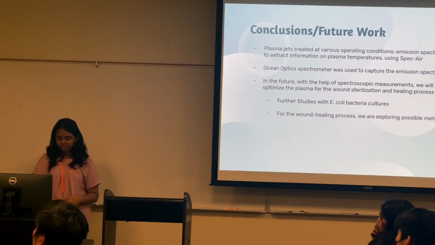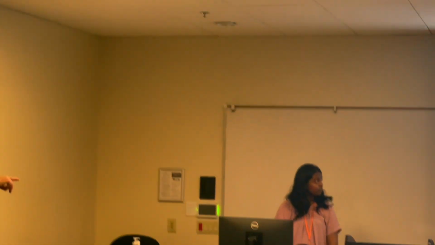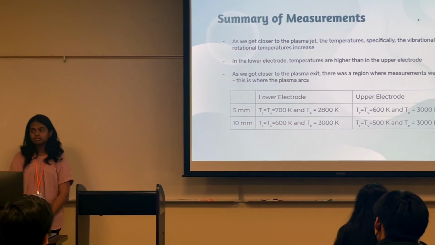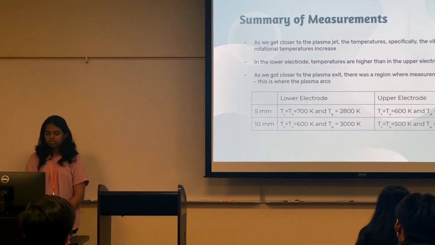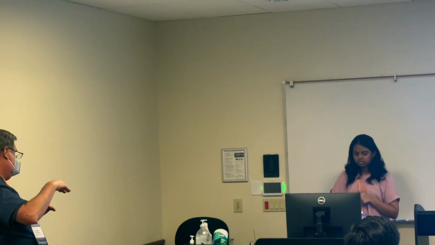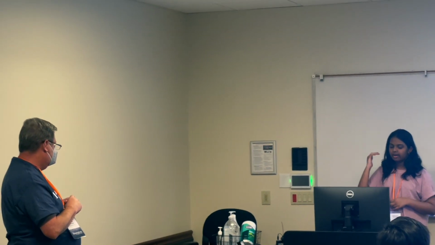If you go to your last table, I think, where you should be at this one. So I was just trying to say, when the distance gets longer, the lower electrode temperature is lower, but the upper electrode is higher. No, in general, when the distance from the plasma jet exit is longer, so we did it in increments of 5, so 5, 10, all the way to 35 millimeters.